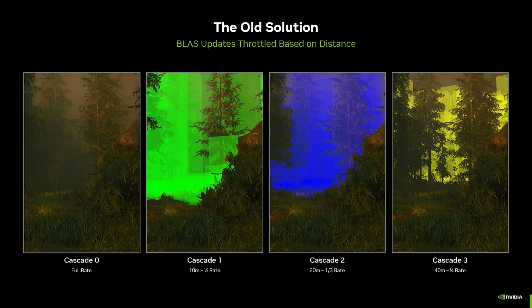Because the G-buffer is always rasterized, so this is kind of a hybrid renderer, the skipping of BLAS updates doesn't immediately become visible, but it however means that the G-buffer and the BVH don't completely match. In the distance, the BVH doesn't accurately follow the vertex animation.